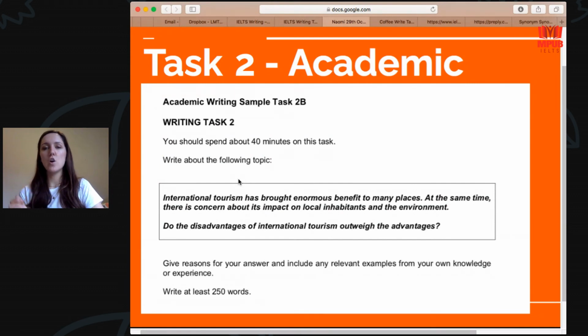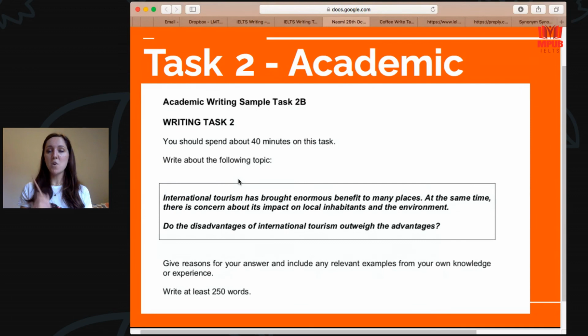And then impact on two things, people and planet. Those are two synonyms of inhabitants and environment. Great. So what am I doing here? I'm weighing up disadvantages and advantages. So I'm going to start writing my plan.